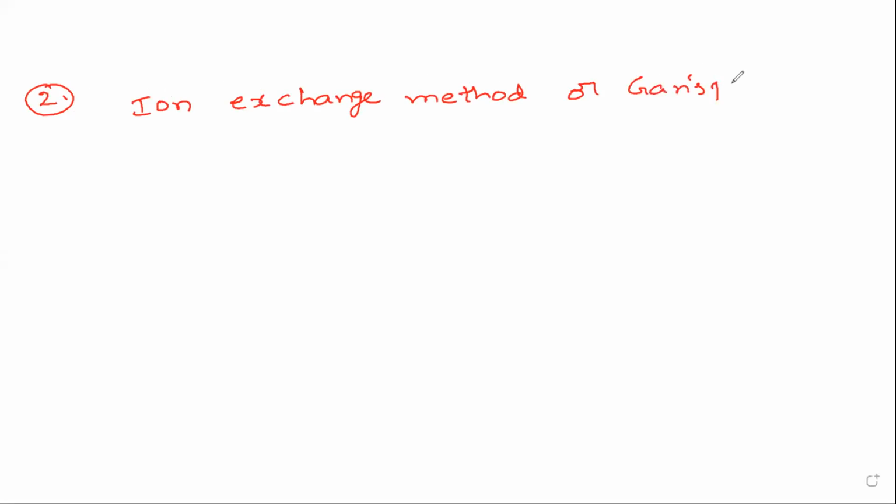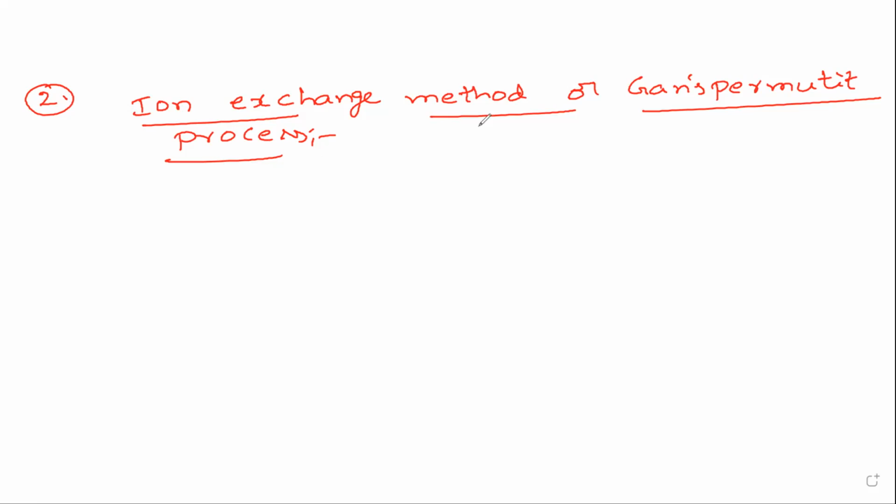The second method of purification of hard water, that is removal of permanent hardness of water, is the ion exchange method, or Gauss permutit process. This is also very important. First method, Calgon method. Second method, Gauss permutit process.